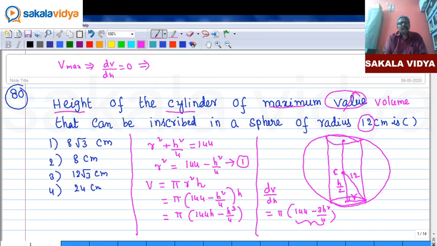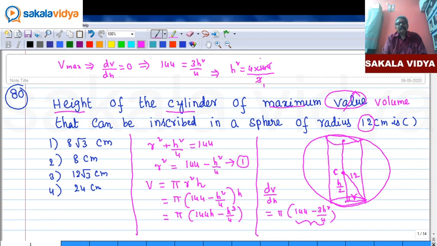So we get 144 minus 3h square by 4 is equal to 0, so h square is equal to 4 into 144 by 3.